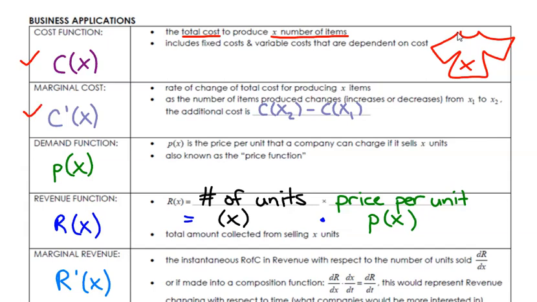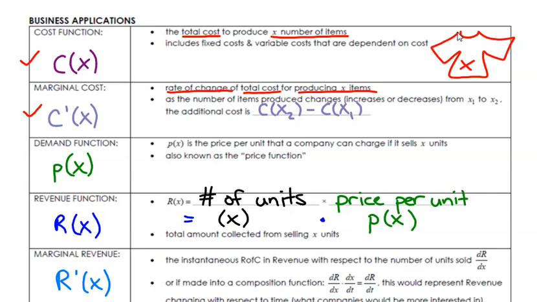Now this one's a little bit more tricky. A marginal cost is the rate of change of that dependent variable versus that independent variable. Let me give you an example. Let's say that you have a business and you're making t-shirts. You obviously have to buy the materials you need to make the t-shirt, like the fabric, the cotton. Depending on how much you buy might change the cost of the production.